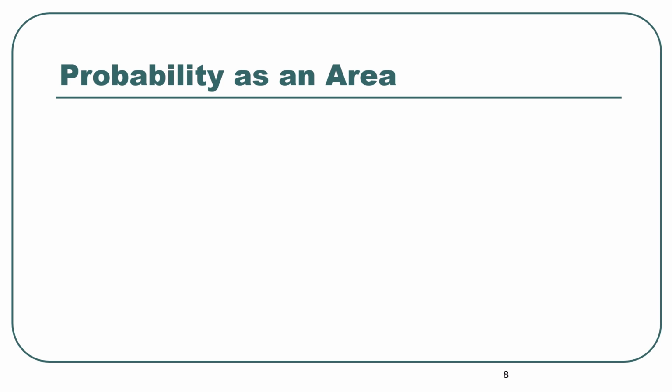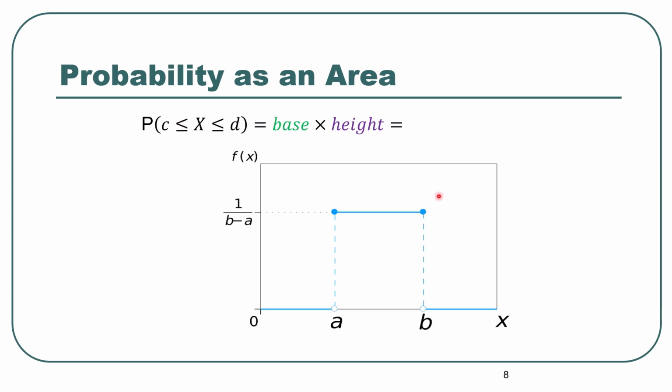So these are the fingerprints of the uniform distribution, and let us see how to calculate the probability for x to be in any interval. So we are gonna use the principle of an area. If you want to calculate the probability of your random variable x to be between c and d, this is exactly equal to the base times the height. So here is again our uniform distribution.